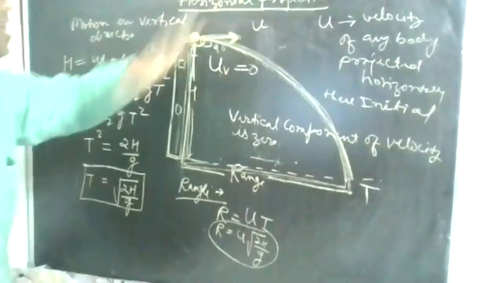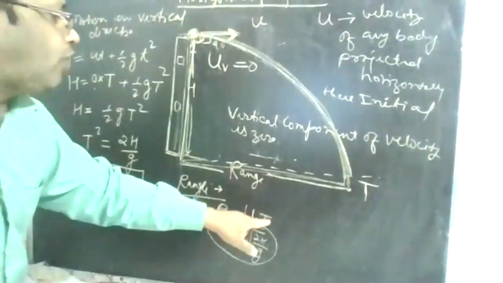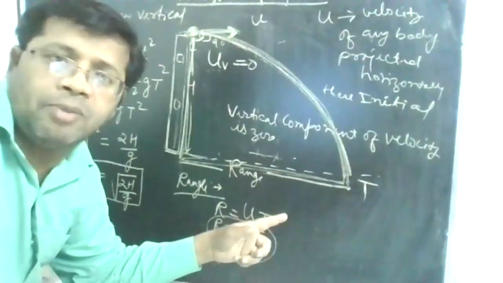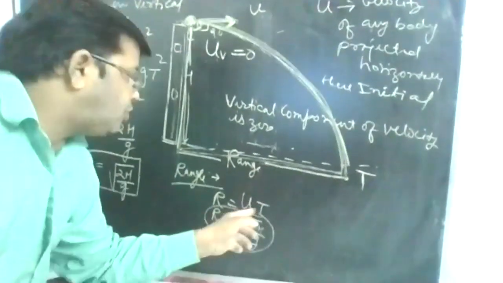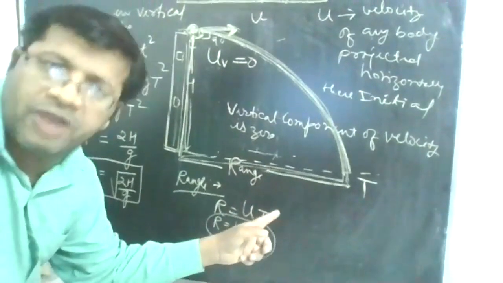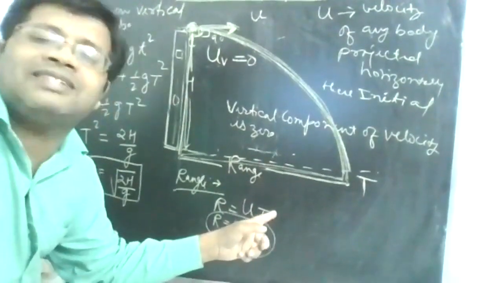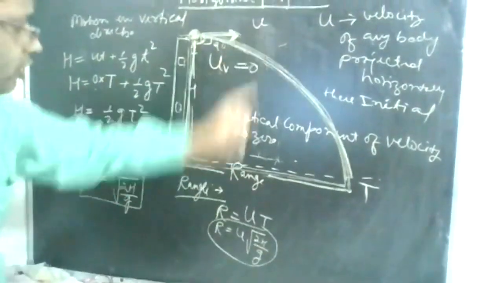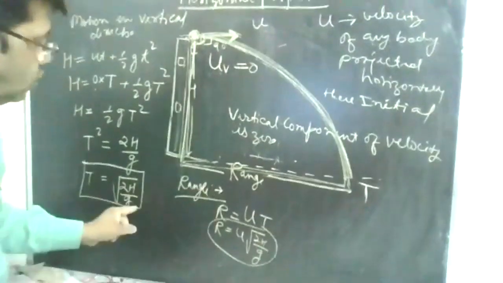So s is equal to ut plus half a t square, where the half a t square term is not applicable because the acceleration in the horizontal direction is 0. So u is the initial velocity and time is root under 2h upon g.